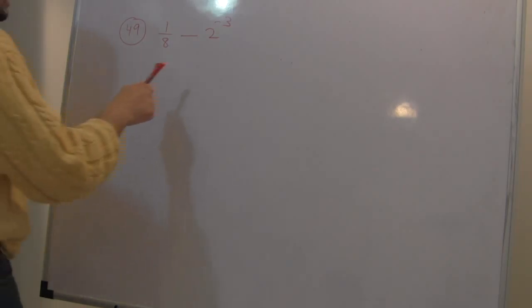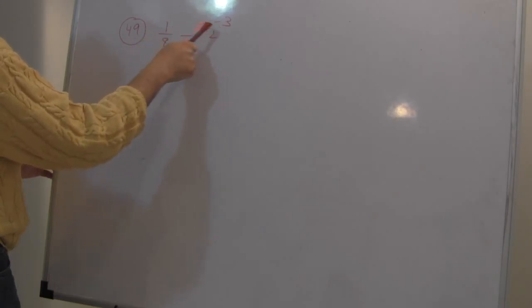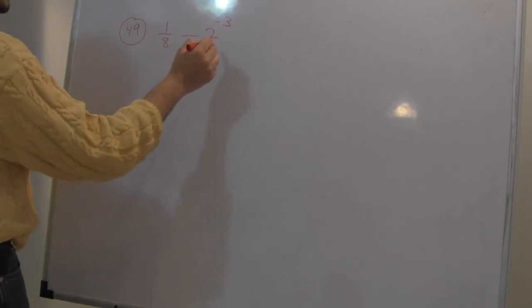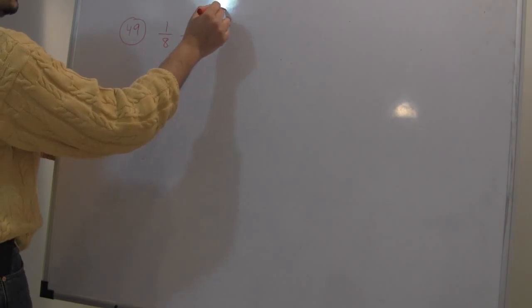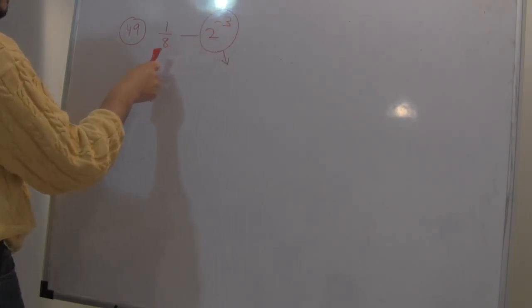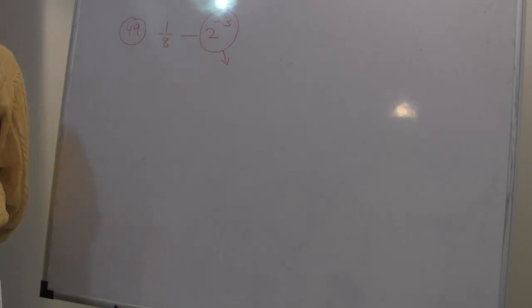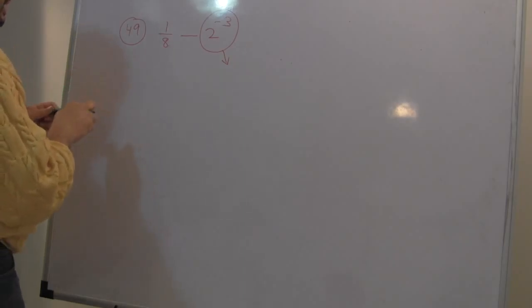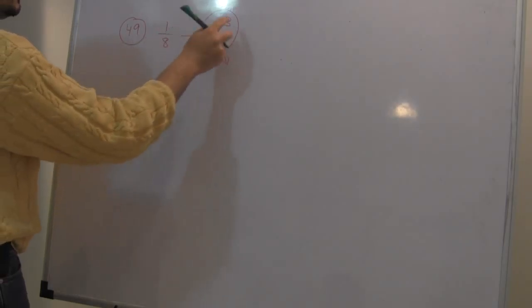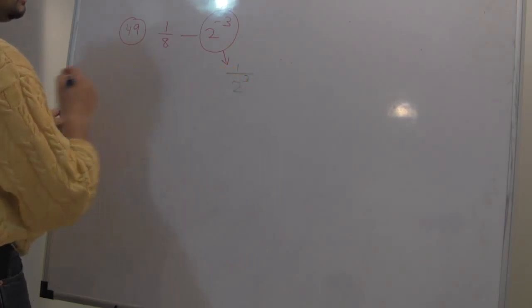So in the next question, you have to find the relationship, whether this is equal to, less than, or greater than. So what is this number? You have to convert this into this form. 2 to the power minus 3 is 1 divided by 2 to the power 3.